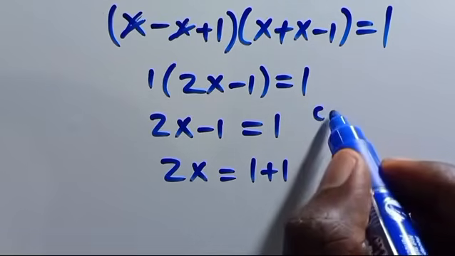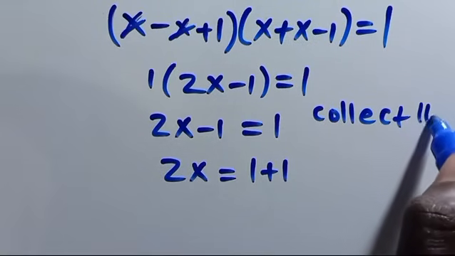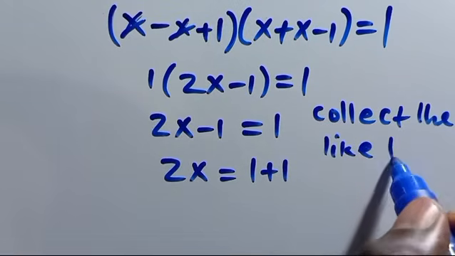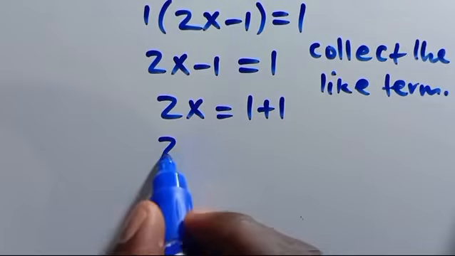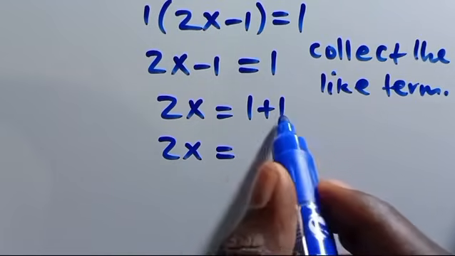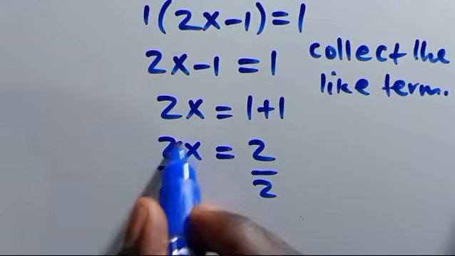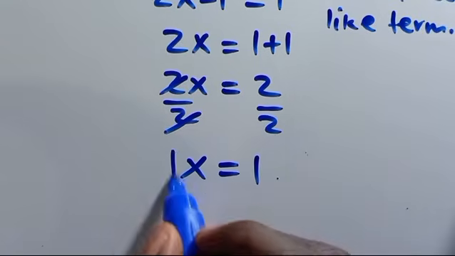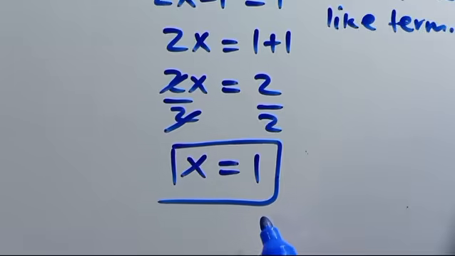So 2x equals 1 plus 1 will be 2, dividing 2 by 2. Then x will be equals 1. So from here we have x equals 1 again.